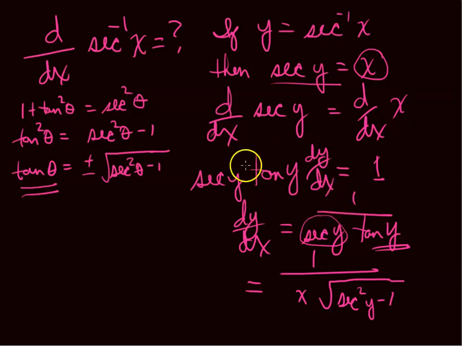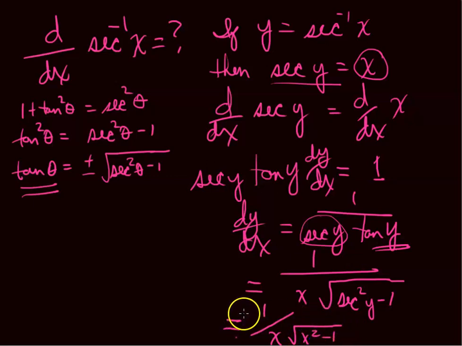So the tangent of y is the square root of secant squared y minus 1. And if I can squeeze it in here, this is 1 over x times, well, secant of y, remember, is x. So secant squared is really x squared minus 1.